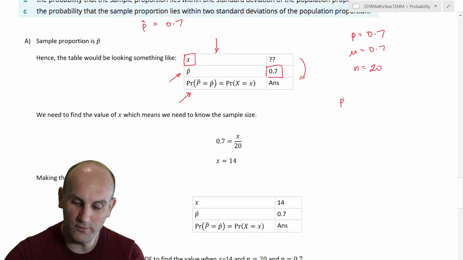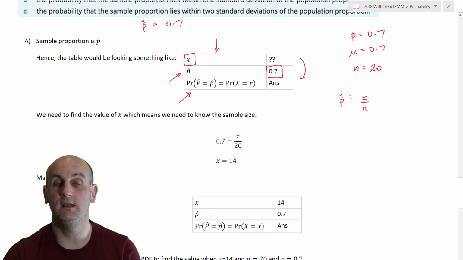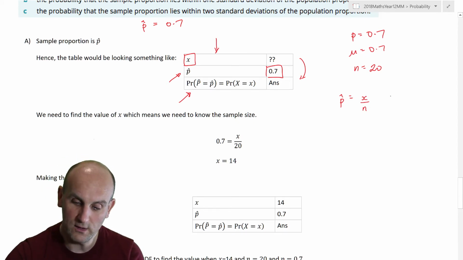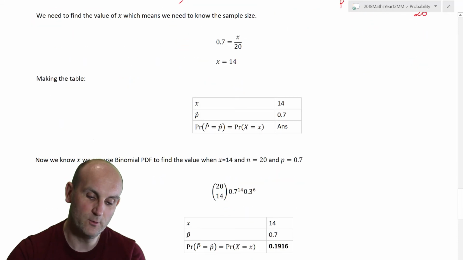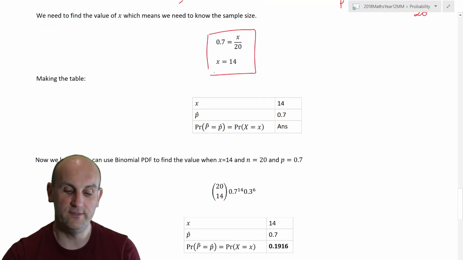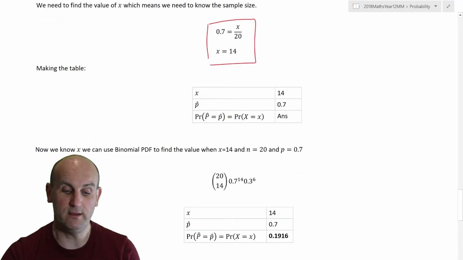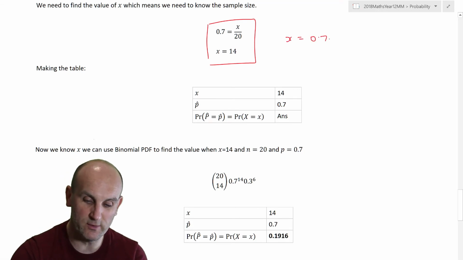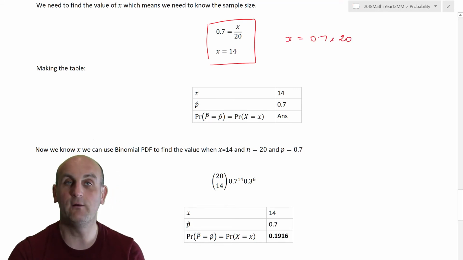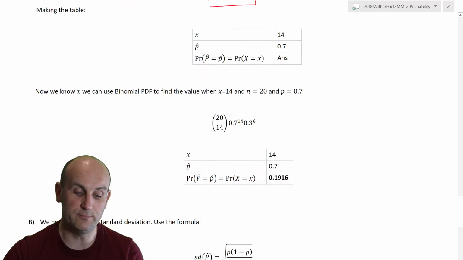Well, I know that p hat is equal to x divided by n, where n is my number of trials. So I know that 0.7 must be equal to the x value on the top divided by 20, which is very much what that line there is saying. Rearrange things around so that I get x is equal to 0.7 times 20, and out comes my value of 14.